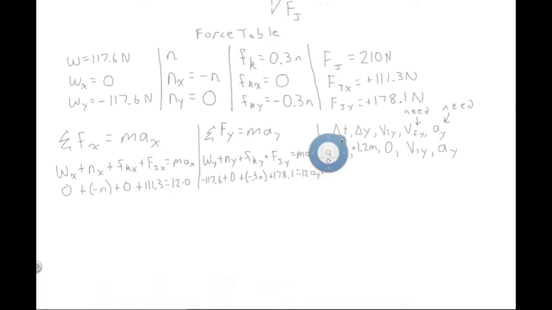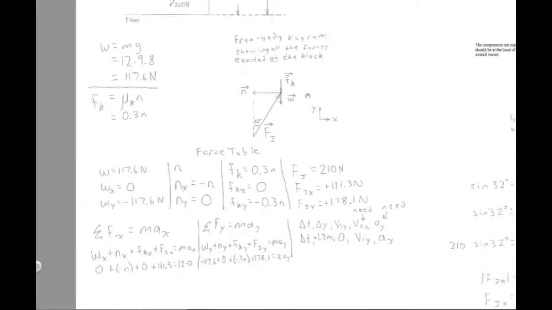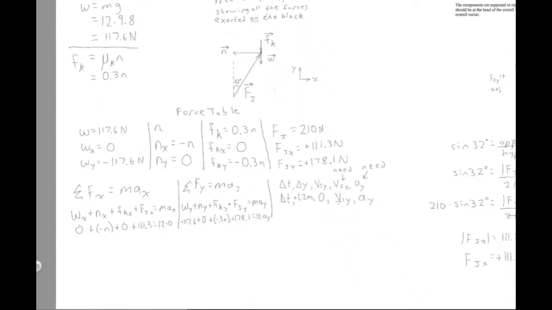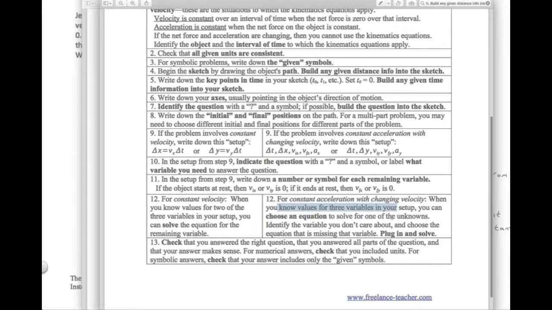Okay, so now what was the question asking us for? It was asking us for the final velocity, which we're going to get from our kinematics approach. Velocity will come from kinematics. But remember that for kinematics, we're not ready to pick a kinematics equation until we know values for 3 variables. On this problem, we're applying the form of kinematics with constant acceleration and changing velocity, in this right-hand column.